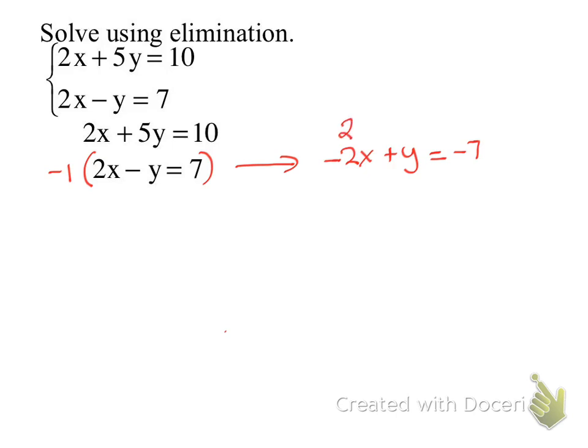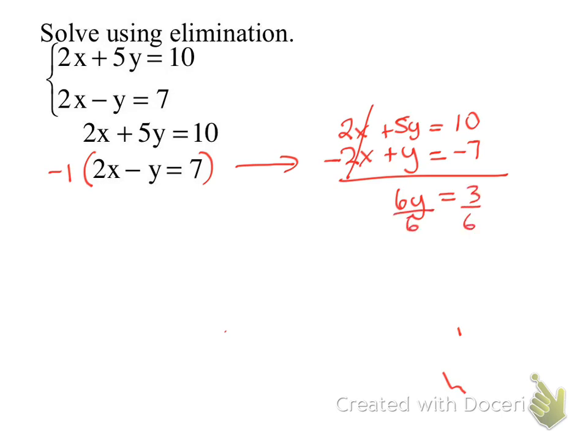And then the other one, I'm lining it up, 2x plus 5y equals 10. And so when I add them together, what do I get? You get 6y equals 3. You divide both sides by 6 and get 1/2. Okay. And then we use that in which equation?